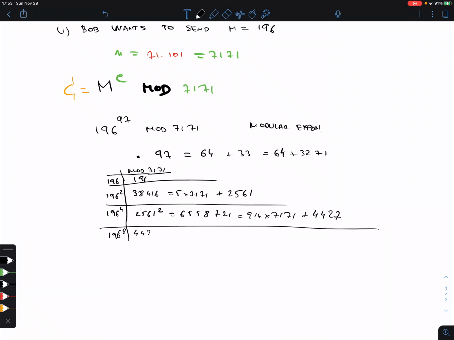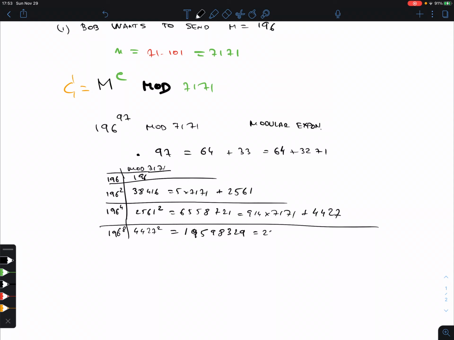That is 4427 squared, which is 19,598,329. That is 2732 times 7171.